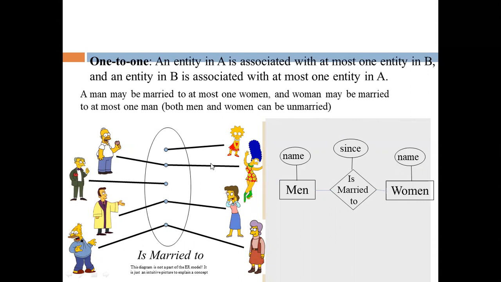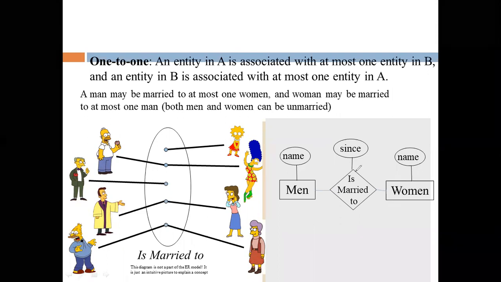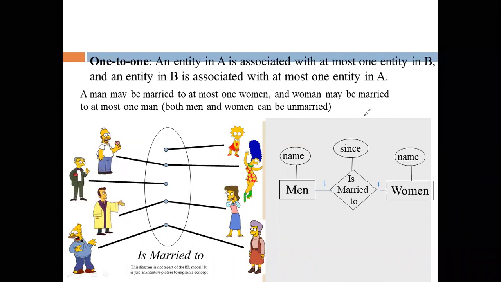What is the relation between them? One man can be married to one woman, and one woman can be married to one man. So this is a 1:1 relation. In the ER model, the cardinality ratio for this relation will be 1:1.